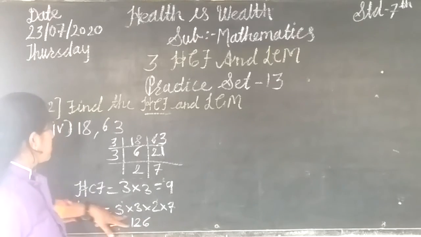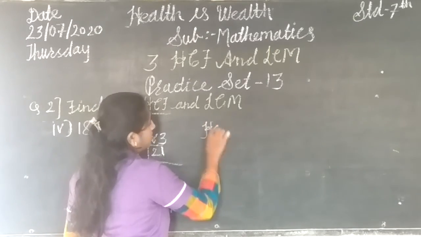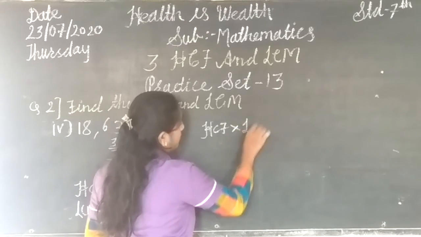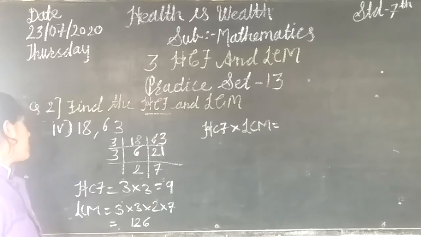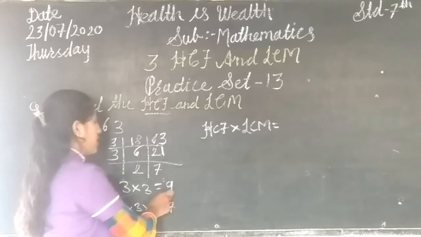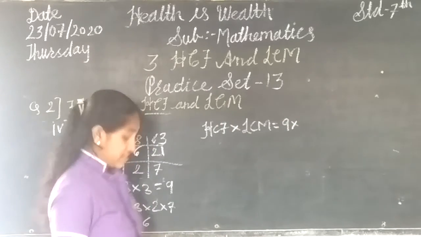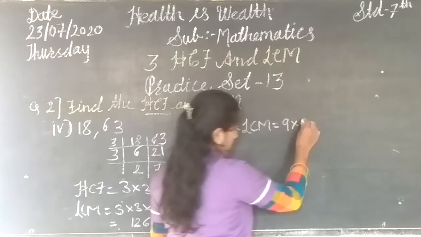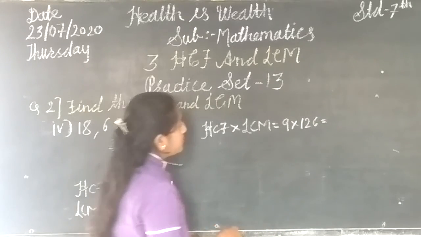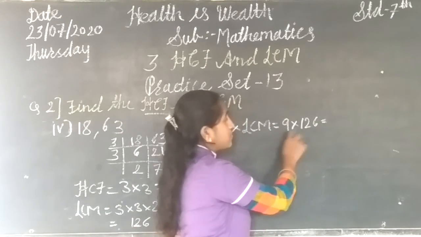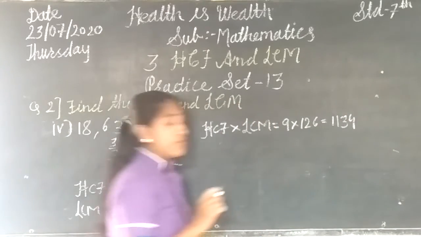Okay. Then next, HCF and LCM. What is our HCF? It is 9. And what is our LCM? It is 126. Then what will be the answer when we do the multiplication of these numbers? You get 1134.